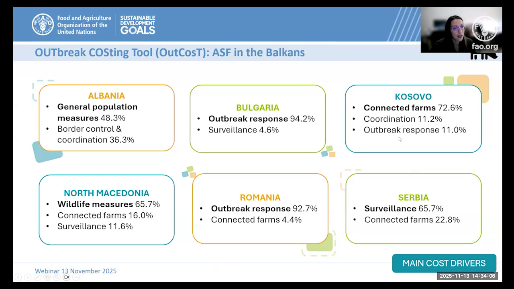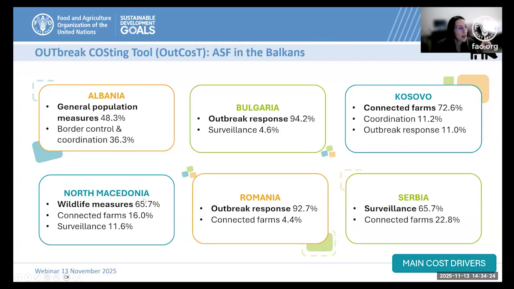Then in the other countries, you can see that it also varied. So for example, in Kosovo, you had most resources allocated to measures in connected farms, so farms that were at risk.